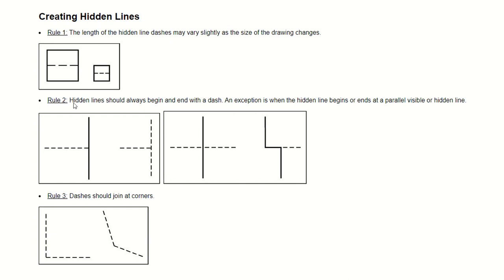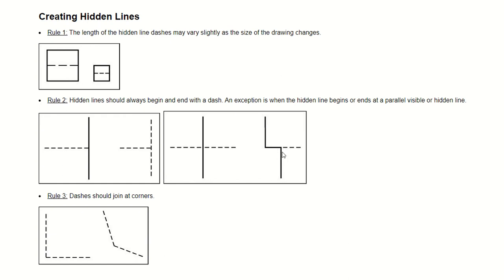Your rule 2: you have to begin with the dash and end with the dash. Nothing is continuous here, only dashed. But sometimes, if your hidden line begins or starts with a visible line, then you can't draw the hidden line because it's behind this edge.